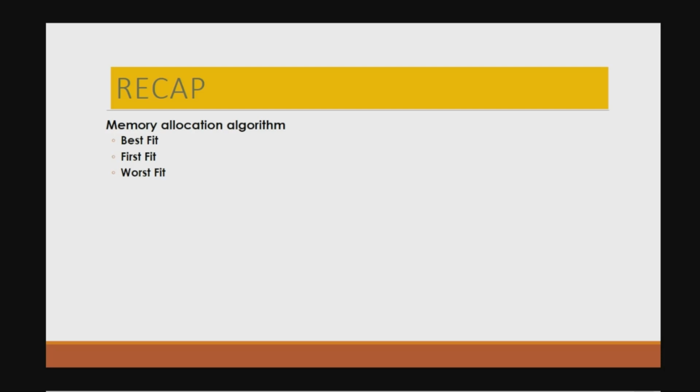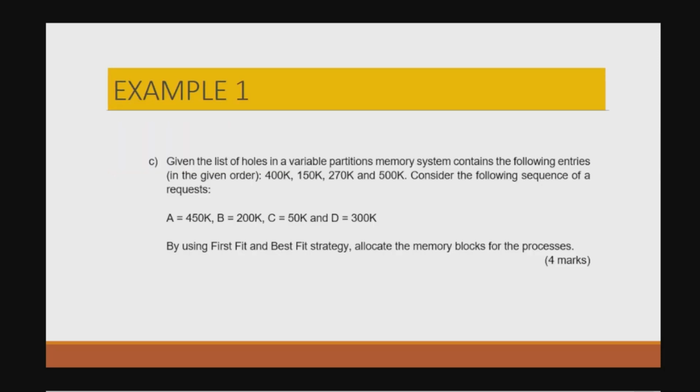So these are the algorithms for memory allocation that you should know. So we go through this example of how the process of allocation works. Given a list of holes in a variable partition memory system, so in the computer memory system, it has partitions based on this question.